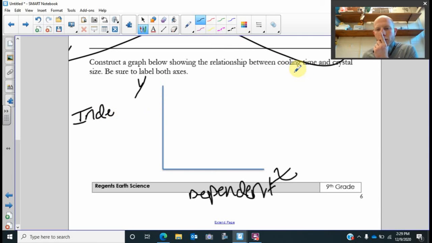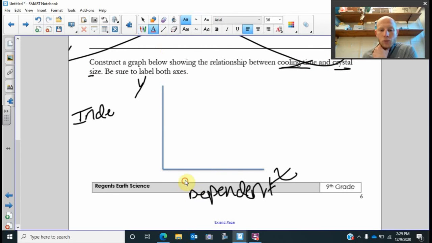And so here we have cooling time and crystal size. And so we have 2 variables here. We have 2 axes here. So crystal size depends on the cooling time, right? Because the longer it takes for it to cool, the larger the crystal.